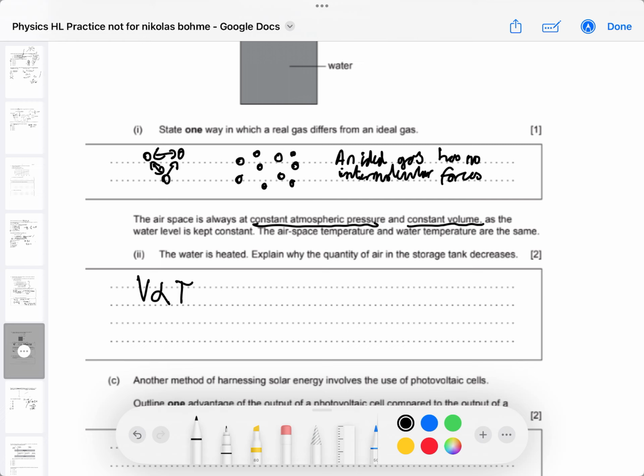So if the volume of the air increases and the total volume must remain constant, it means that some of the air has escaped the container, because air expands under a higher temperature. In order to keep volume overall the same, some air must leave the tank, otherwise the tank would break open. So the quantity of air in the storage tank decreases because the air has expanded and some of it has left the tank, so there's less air than there was before.